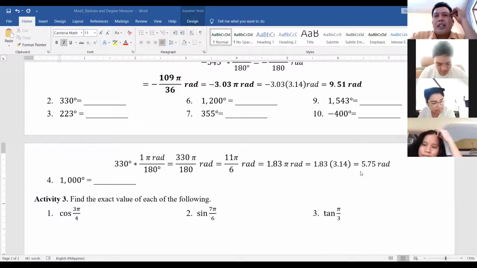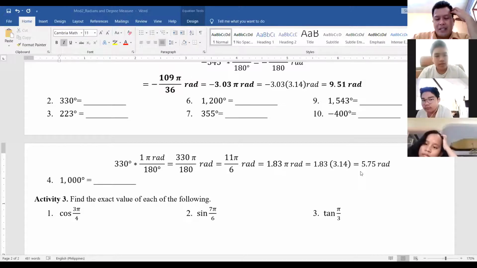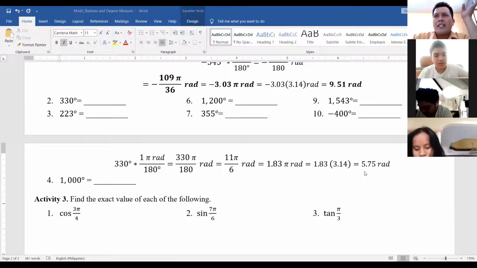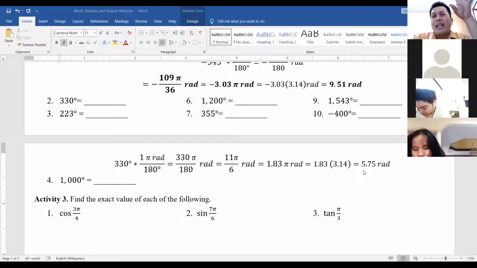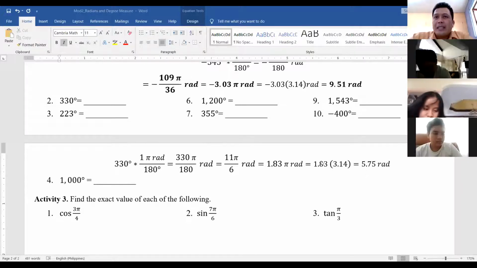Do not use the pi in your calculator, class. We agree that the pi is only having a value of 3.14, right? Your calculator is complete with all the data there. 3.1415921. 5.75. Do not use again the pi in your calculator. Instead, if you wish to have the decimal, use the value of pi at 3.14 only, so that we will have the same answer.